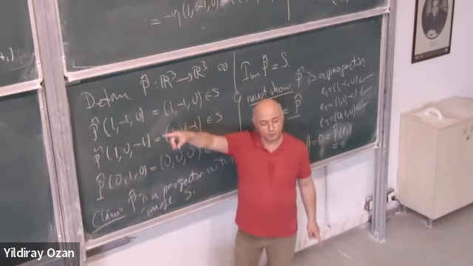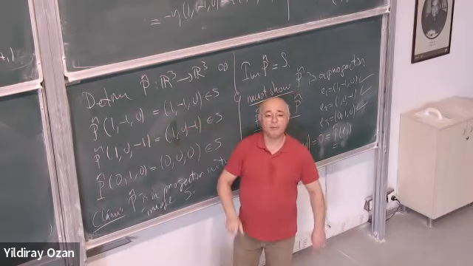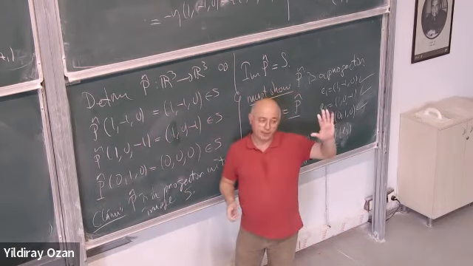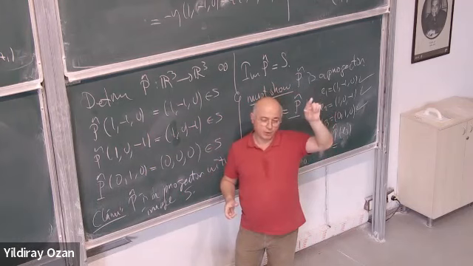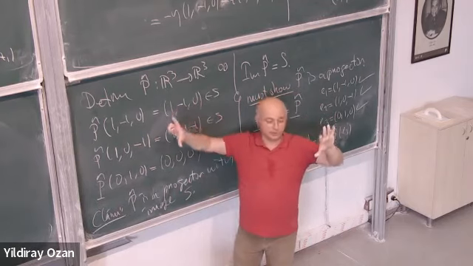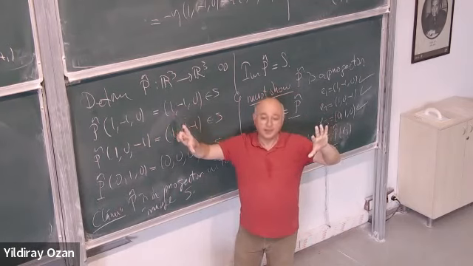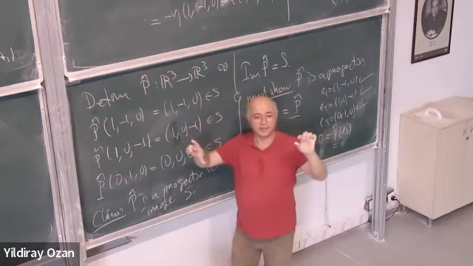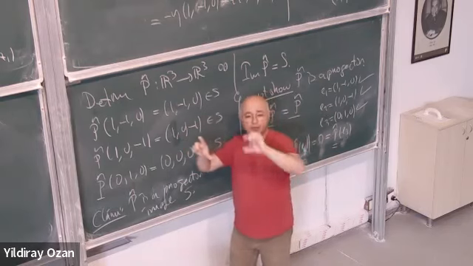By the proposition I put last time, we saw the following. If you give me a basis consisting of n vectors, and any n vectors in the other vector space, then I can write a linear map taking the first basis element to the first element, the second basis element to the second element, and so on.